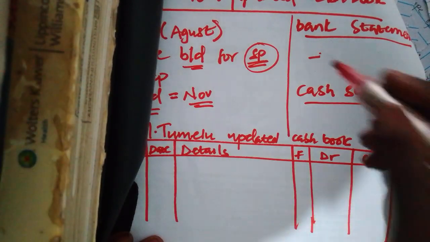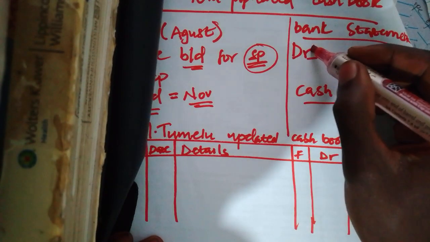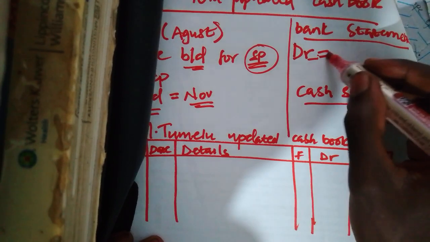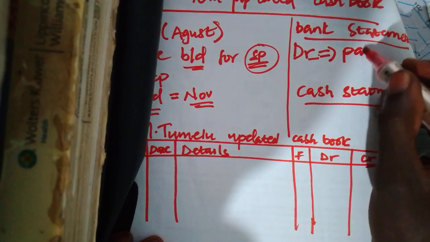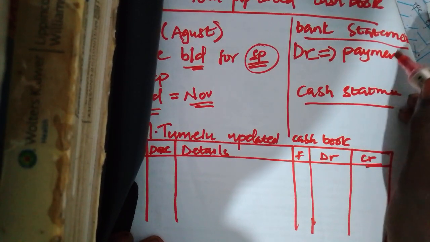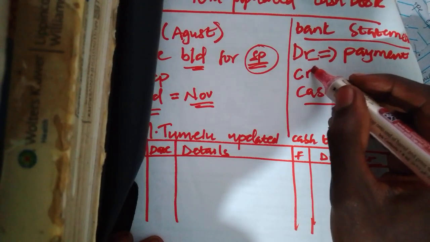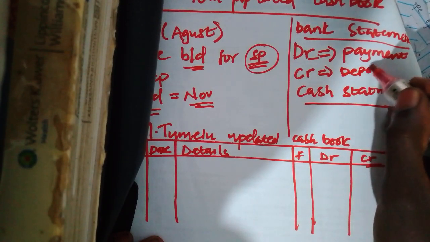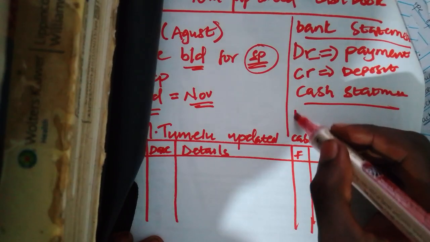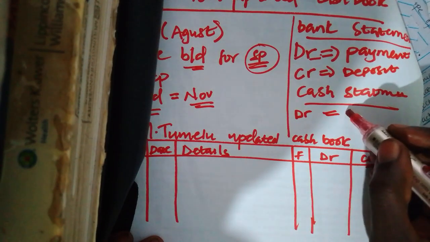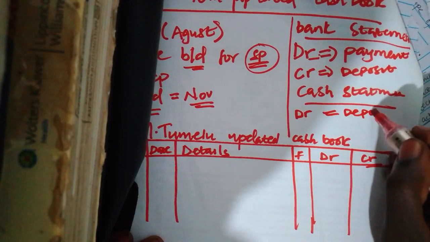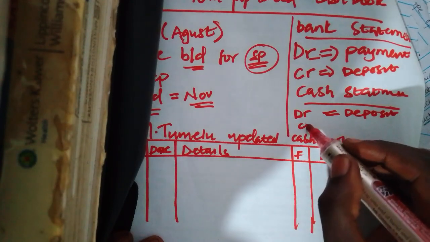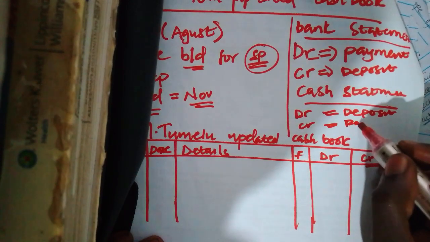So the debit side in the bank statement represents what? Payments. We talked about this. Then the credit side represents what? Deposits in the bank. Whilst the debit in the cash book represents the deposits, and the credit represents the payments.